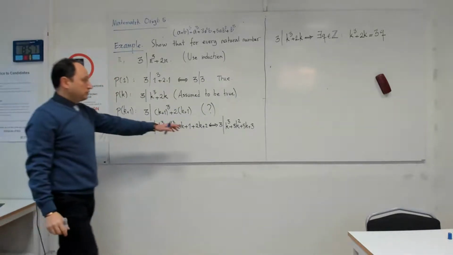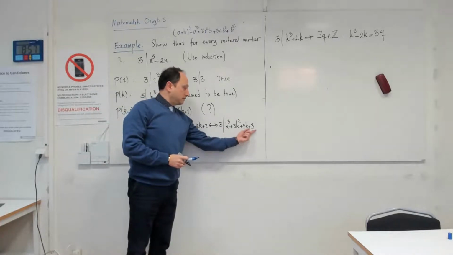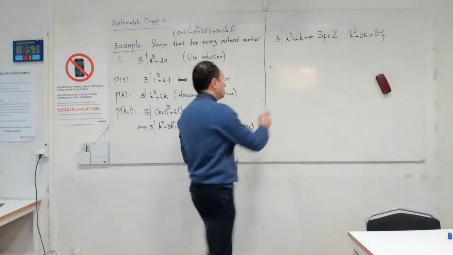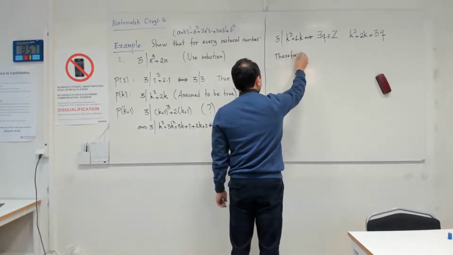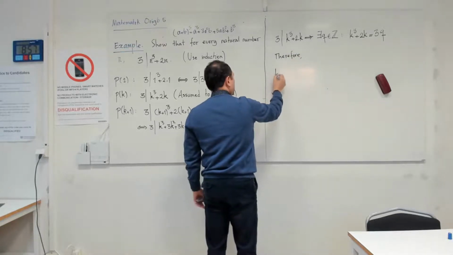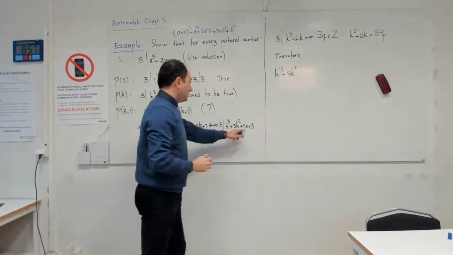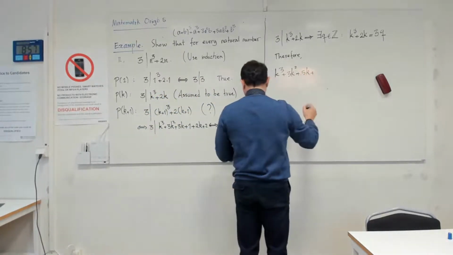But what I want to conclude is something about the divisibility of this expression by 3. So what can I write? Therefore, k^3, here we have 3k^2, and then I have plus 5k, and then I have plus 3.